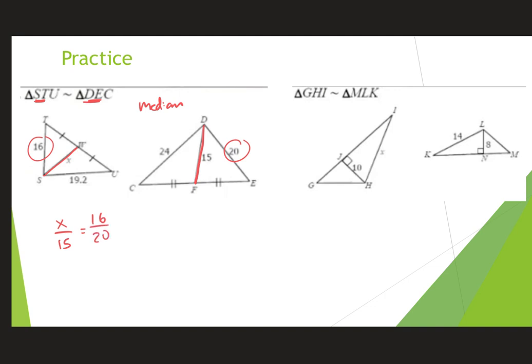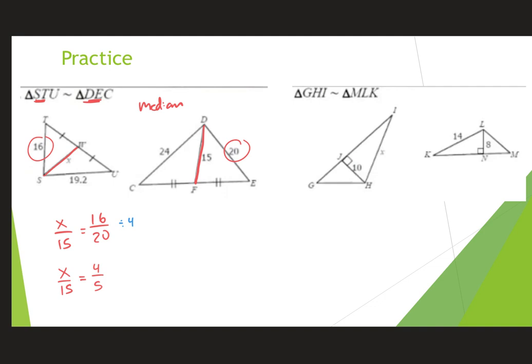Now you can cross multiply like this, but I want smaller numbers. So I'm going to go x over 15 is equal to 4 over 5. And all I did is just divide by 4. So 16 divided by 4 is 4, and 20 divided by 4 is 5.